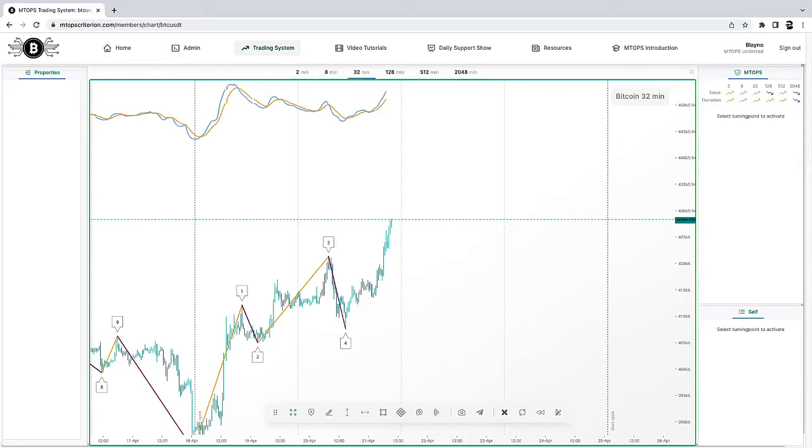So if you don't mind going into your MTOPS Criterion website members area, then there you can go to your trading system. When you click on trading system, you have three markets available to you. That's Bitcoin, gold, and the US30. I think for the purpose of our discussion, I'm going to hang out on Bitcoin today.